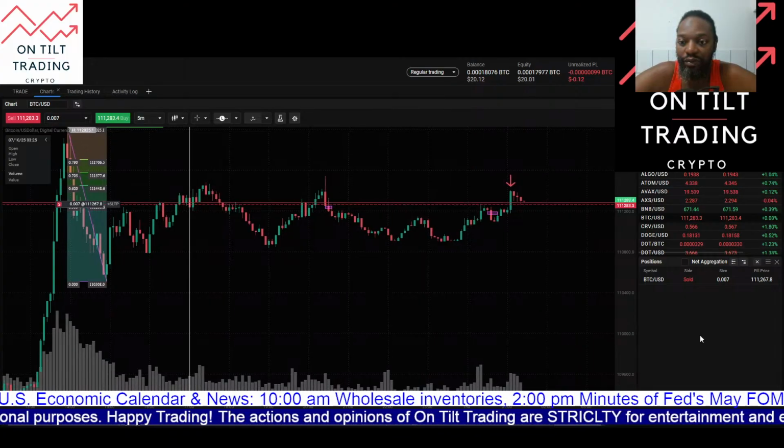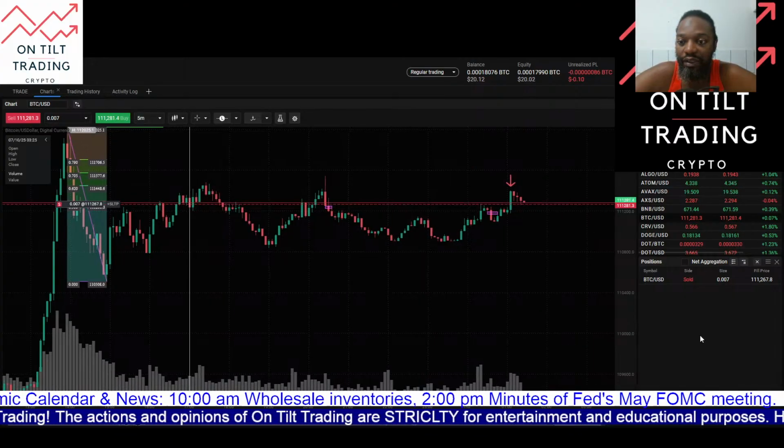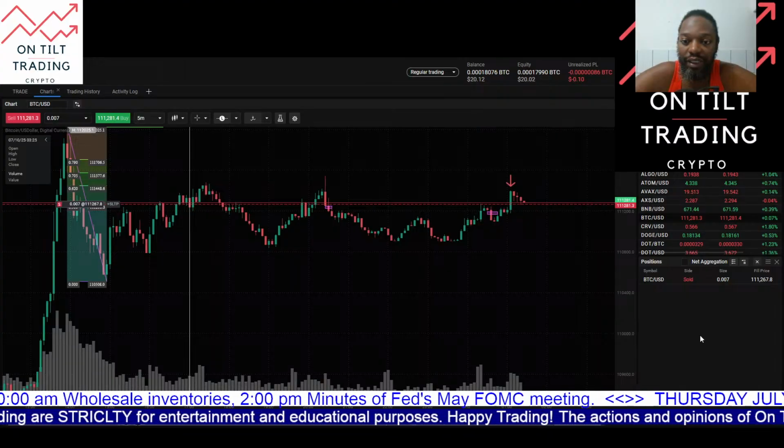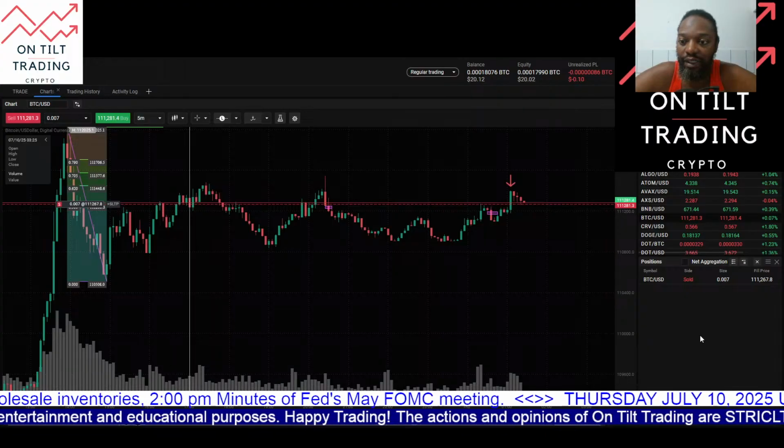Price holding here, 111,297, now 111,280 level as sell side is delivered in the current 5-minute candle.